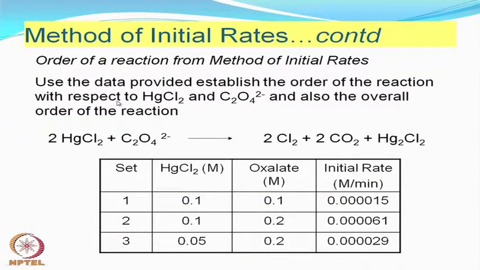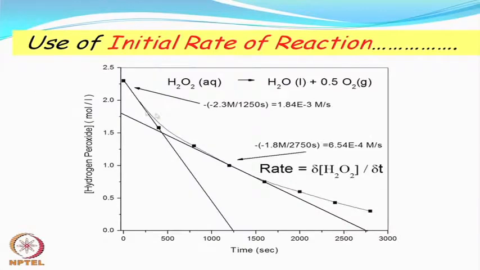So, how do we employ this method in finding out the rate of reaction along with the order of a reaction? We are interested in finding the order of reaction employing the initial rate method. From this initial rate we want to know the rate at that particular instant.